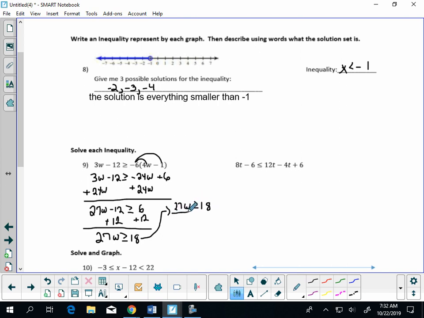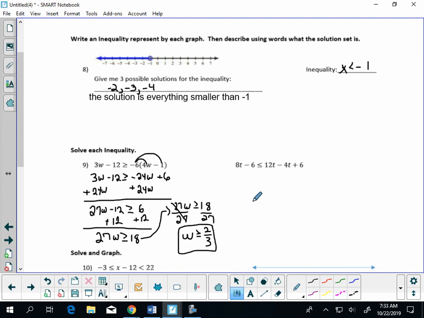I need to divide by 27 because that's my coefficient, my number in front of the variable. Those cancel. And 18 over 27 reduces to 2/3. And that is my answer right there.